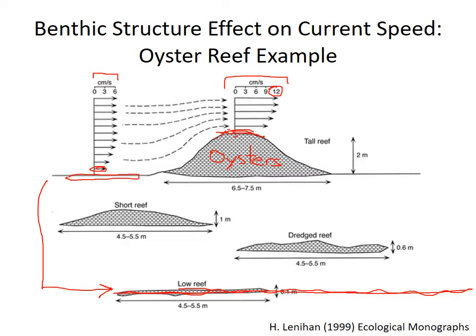We found out it actually works better if we put all the oysters together in a mound instead of spreading them out, because that means that they get that acceleration effect that helps the oysters to grow and the reef to sustain itself. So this is an example of ecological knowledge applied to restoring habitats more effectively.